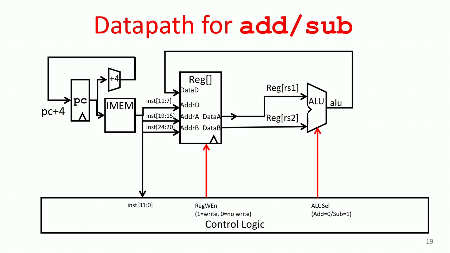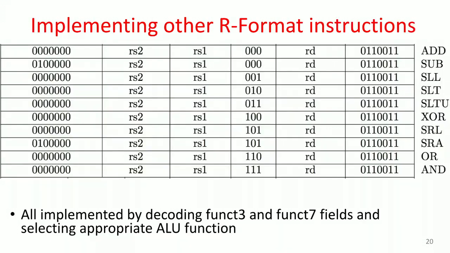In fact, there's a whole class of these so-called R format instructions. They use this R format instruction format, and they all operate essentially the same way. The only difference is the function that the ALU has to perform. Their encoding on the RISC-V is very similar. The RS2, RS1, and RD fields are all the same.